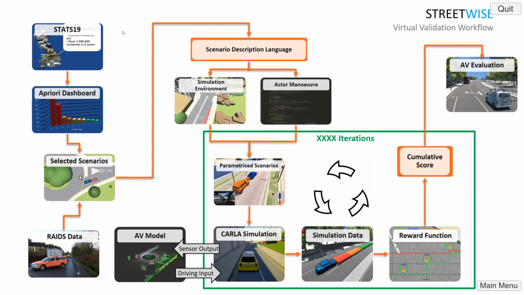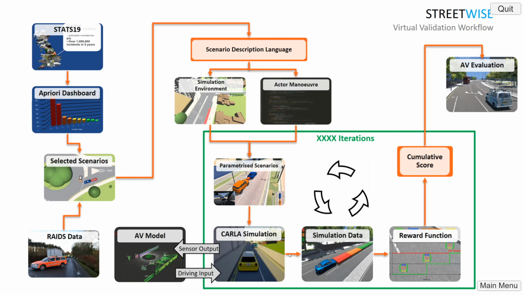Then we described these cases using the scenario runner, and brought those into the simulation environment which we developed. Also, using the actor maneuver, we controlled all the actors in the simulation for that specific scenario. Now these scenarios are fed into the simulation, in which we have sensory outputs coming from the simulation into our AV model, and then driving input going back into the simulation to control the vehicle in the environment.